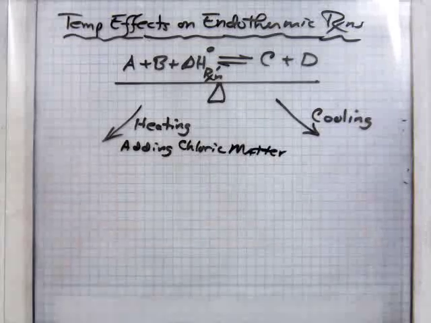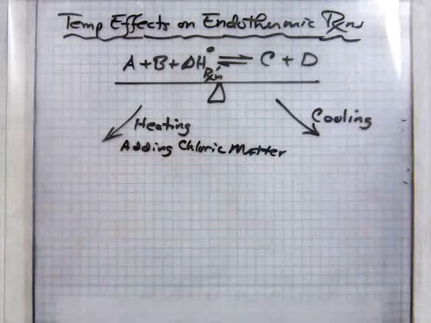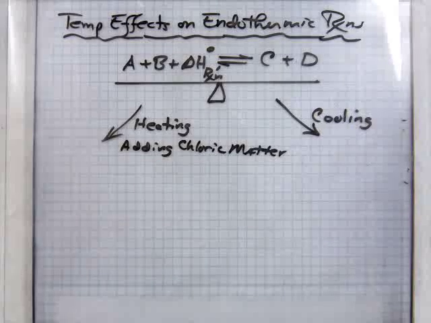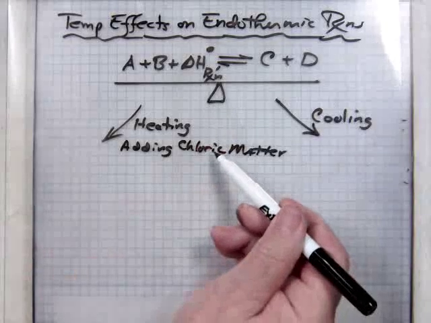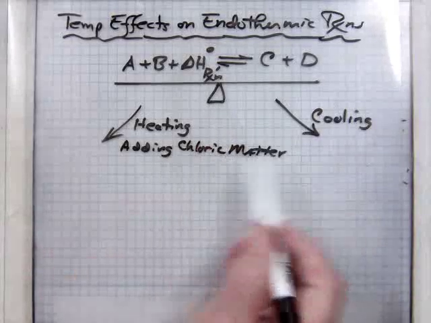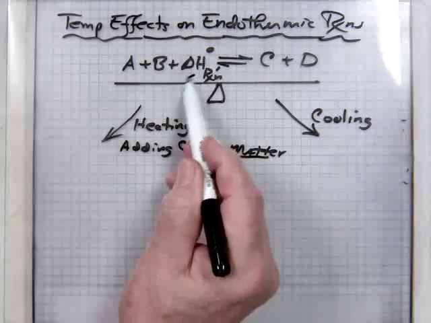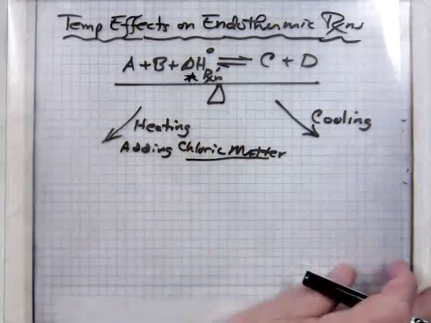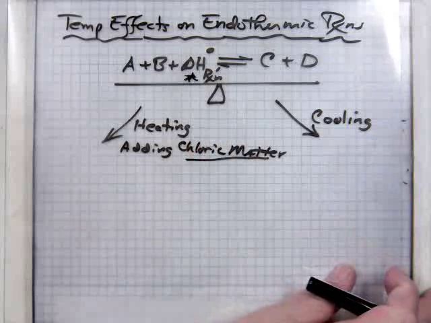The heat flow used to be called caloric many years ago, and hence the evolution of the calorie and some of the terminology in history. But what you should think of in adding caloric matter is you are adding weight to wherever the delta H is placed in the equation.